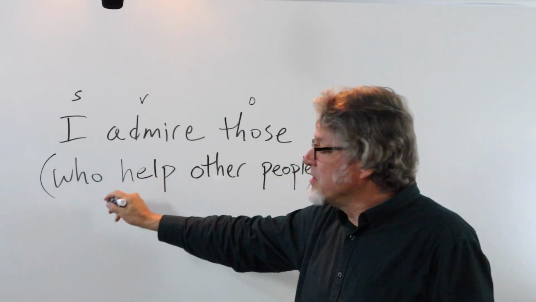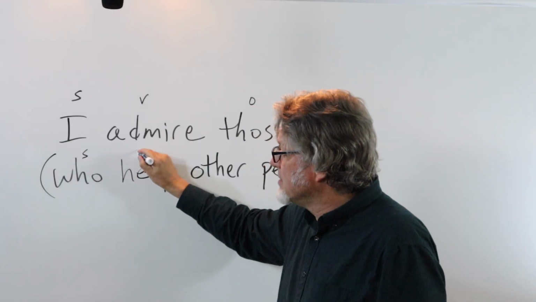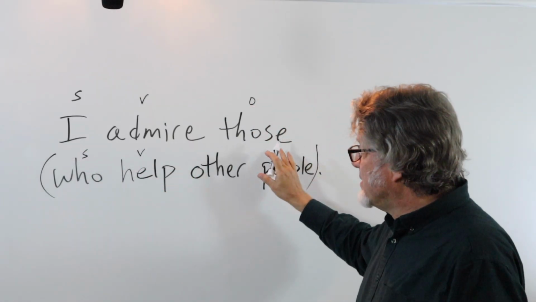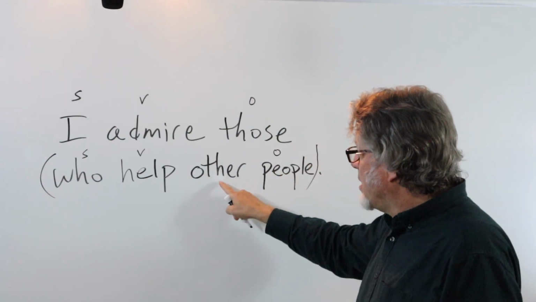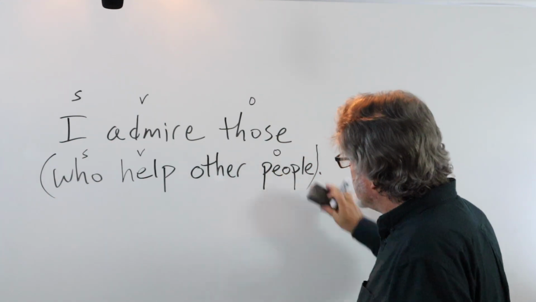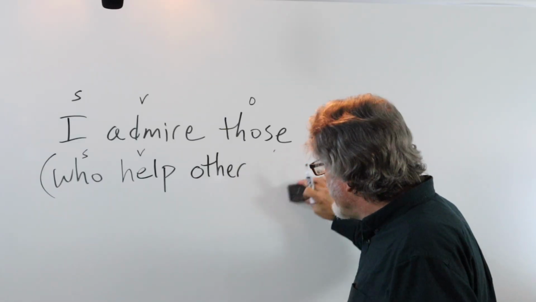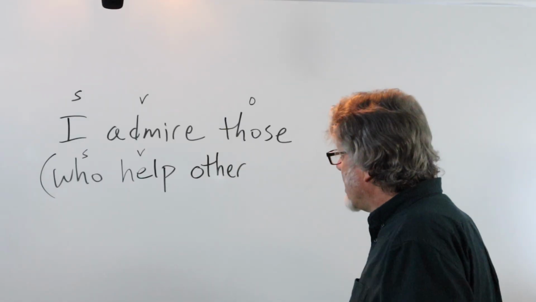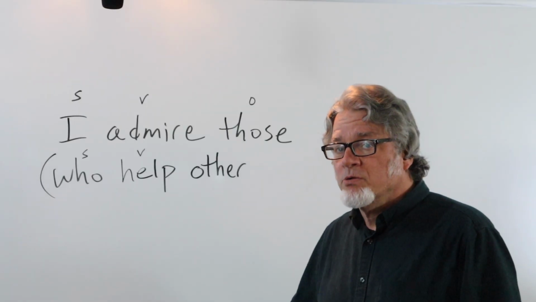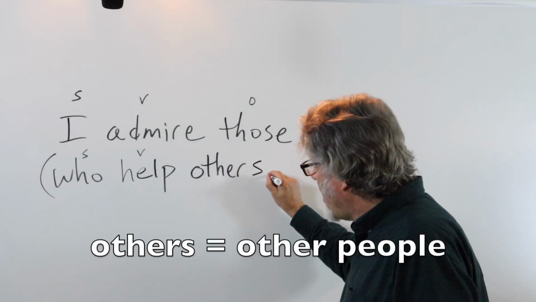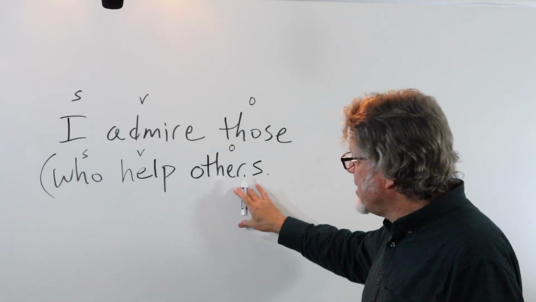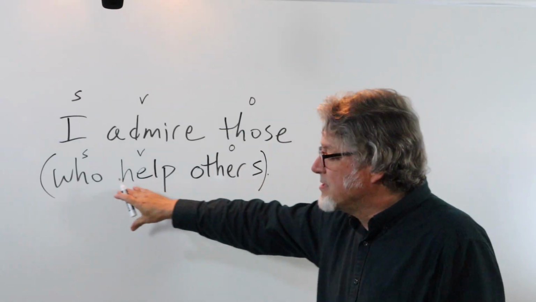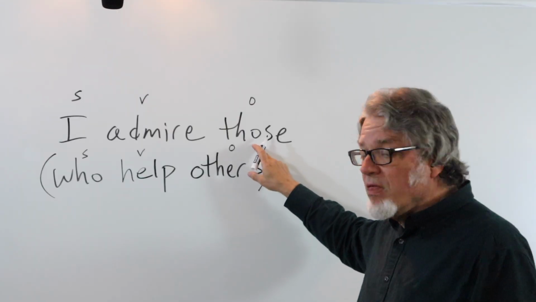In the adjective clause, this is the subject, this is the verb, and then this is an object also. You could replace other people with just the word others. I admire those who help others. This section here is the adjective clause for those.